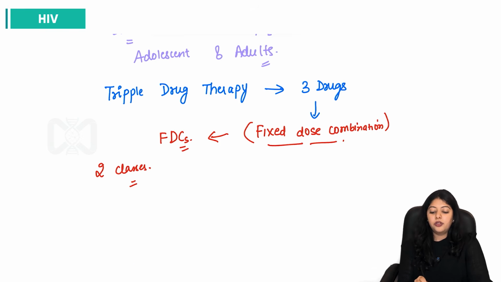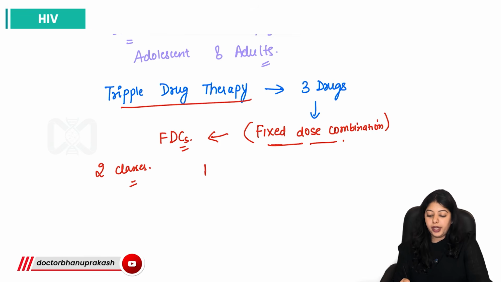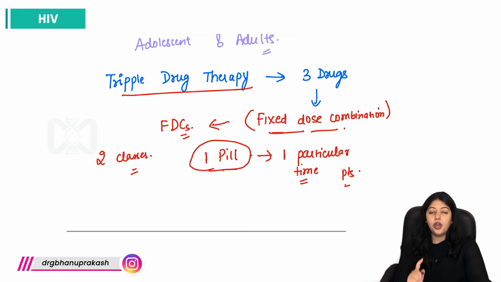And these 3 drugs should be given in one pill itself at one particular time to the patient according to his or her convenience. So only one pill is given which has a fixed dose combination of 3 particular drugs, right?